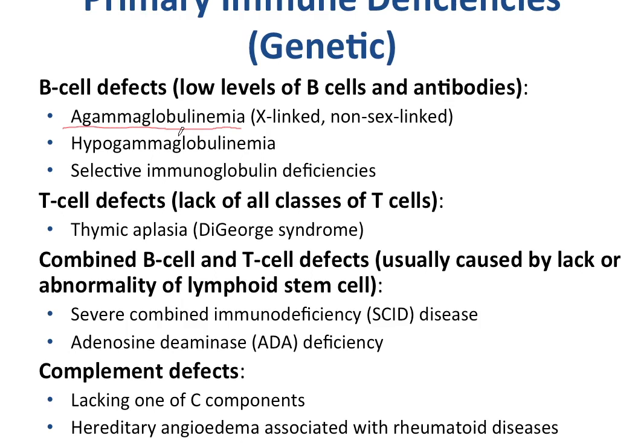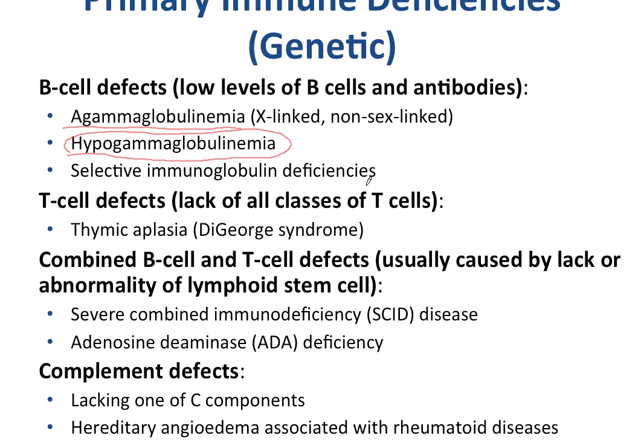This is called agammaglobulinemia, which means almost nothing is there. Hypogammaglobulinemia means the level of gamma globulin is very low. Or there is selective immunoglobulin deficiency.